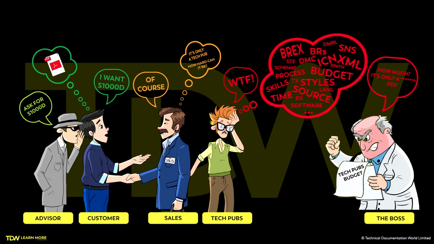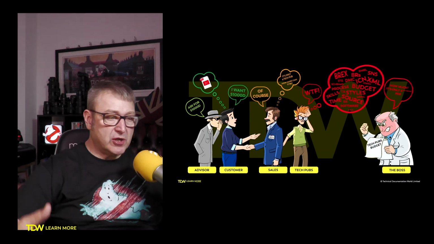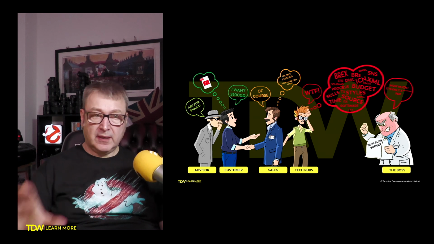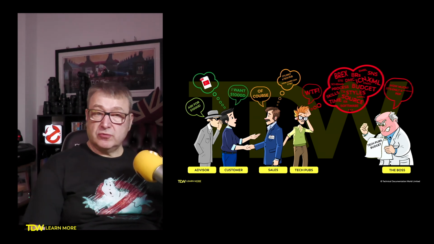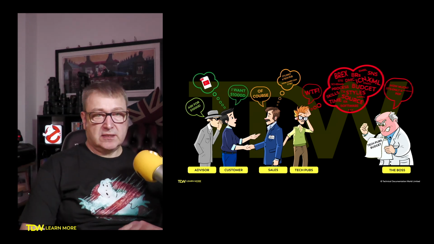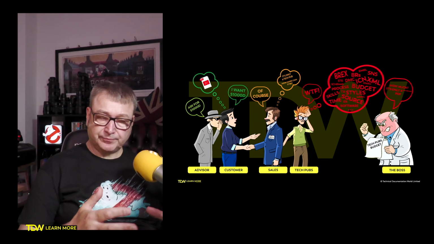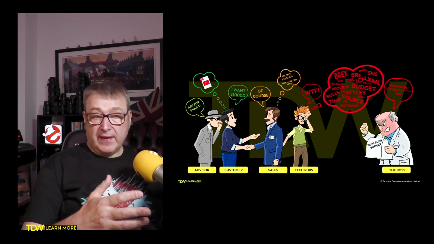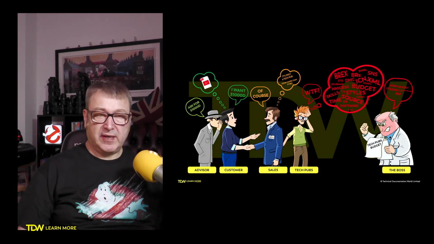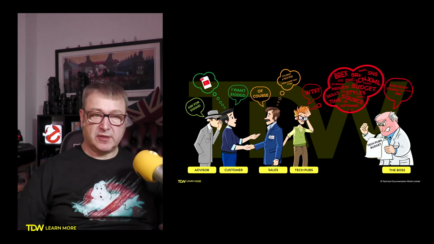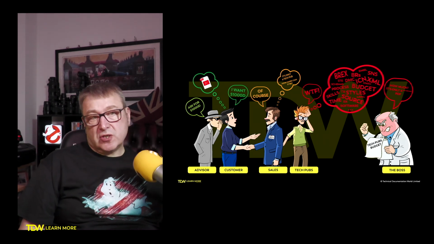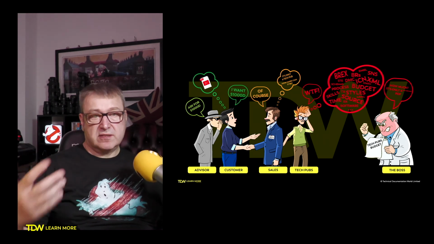The customer, the product owner, the purchaser, however you want to refer to them, again being quite generic, is being told to ask for S1000D, and in their mind they're just thinking technical publications, and those technical publications in their mind are a PDF or a printed manual or something along those lines. It could even be a rudimentary IETP developed in some kind of third-party tool. But their expectation is vastly different to what they're being told by their consultant, by their advisor.